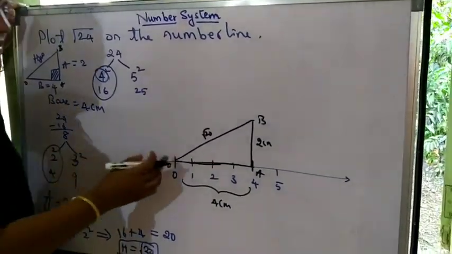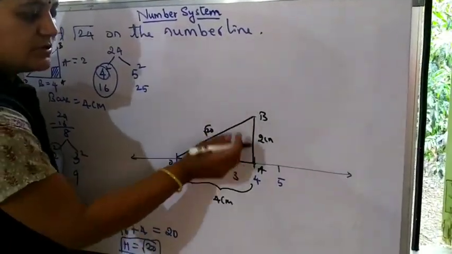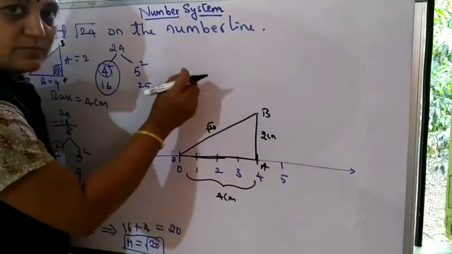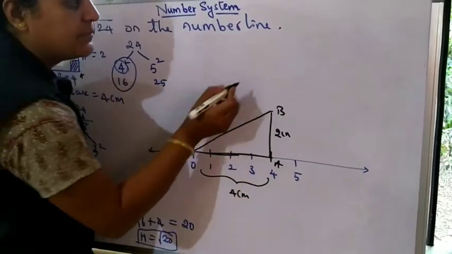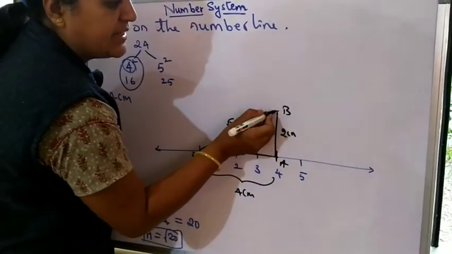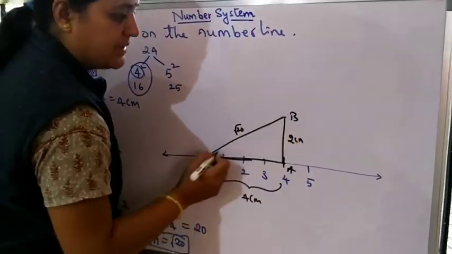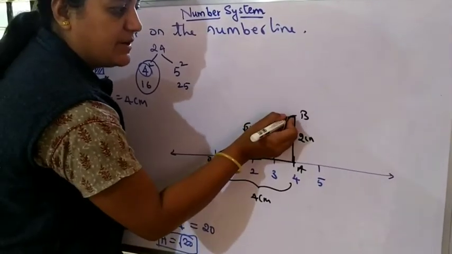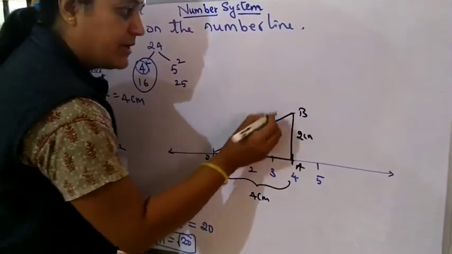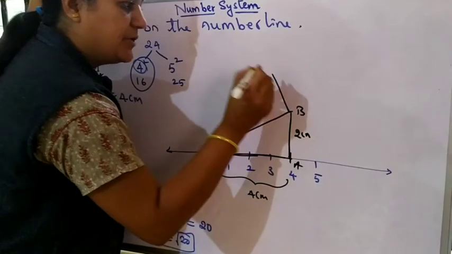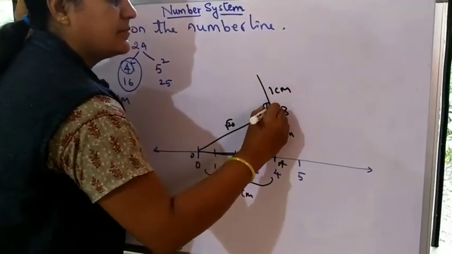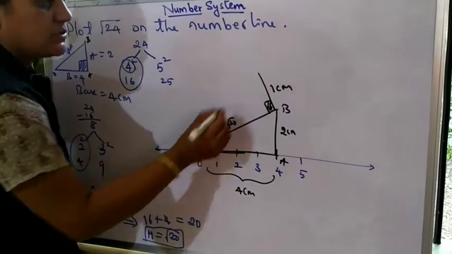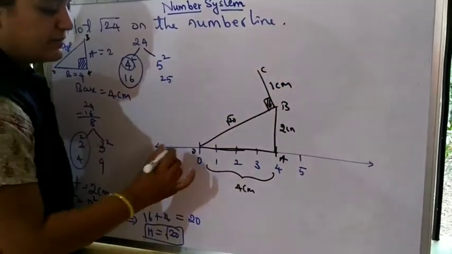Now from root 20, you can keep the altitude fixed at 1 centimeter, as in the spiral. Again construct OB as the base, root 20. From B, draw a perpendicular line with altitude 1 centimeter. Give the line BC 1 centimeter.